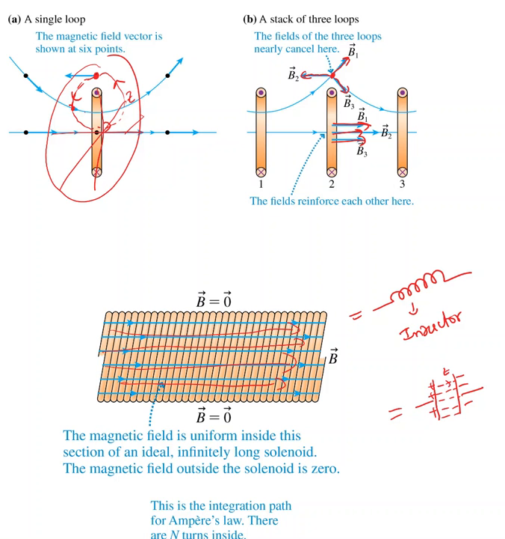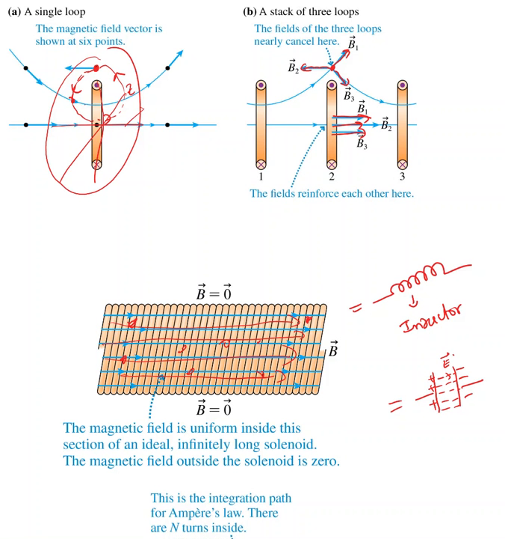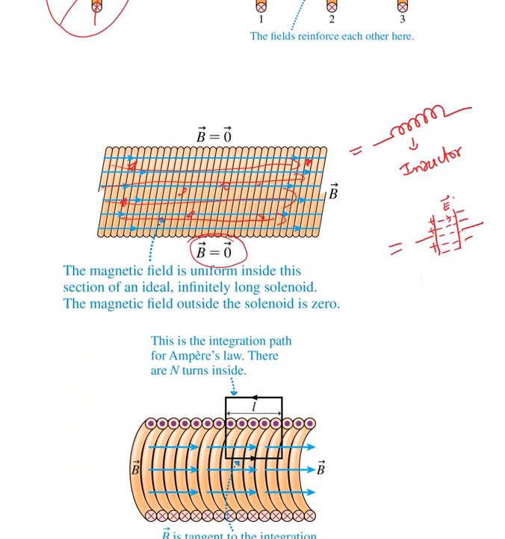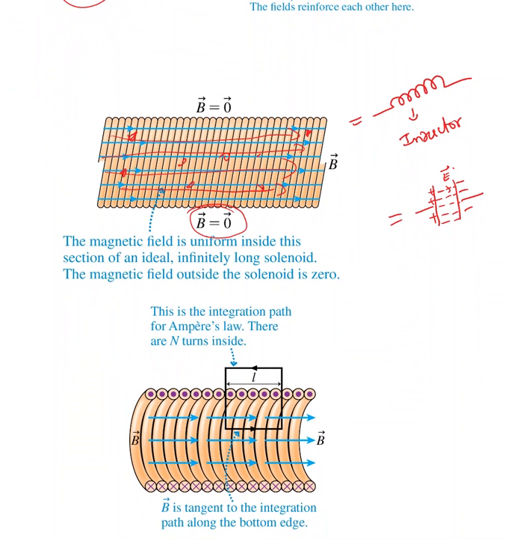Same way, anywhere inside this coil, here or here or here, the magnetic field strength is constant. But outside, the magnetic field strength is 0, similar to the capacitor. So I can compare the solenoid or inductor with the capacitor.